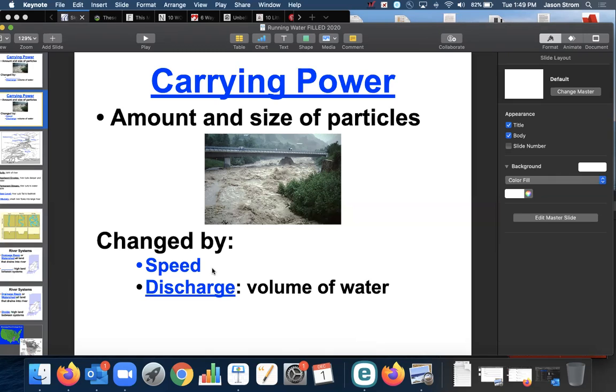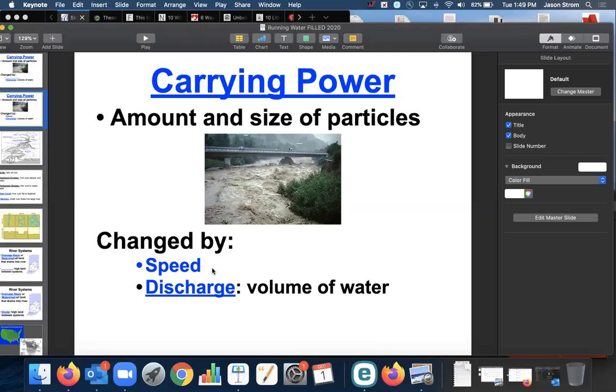Also, even just if you're washing dishes at home, if you've got some dirty dishes or pots and pans, you're going to use a decent flow of water, probably pretty close to full blast. You aren't just going to have it trickling out, just little drips and drops. That's not going to move anything. So the faster the water's moving, the more sediment it can move, and the larger the sediment can be.